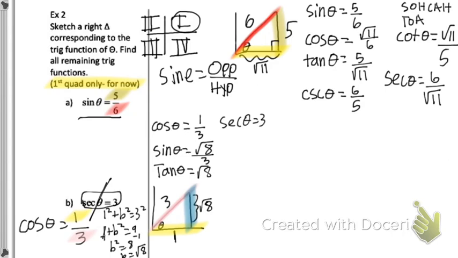Now let's do cosecant of theta, which is the reciprocal of sine of theta. It'll be 3 over square root of 8. Now cotangent of theta will be the reciprocal of tangent, so it'll be 1 over square root of 8.